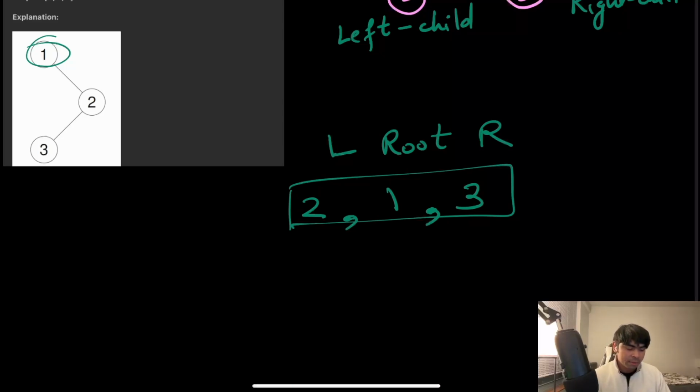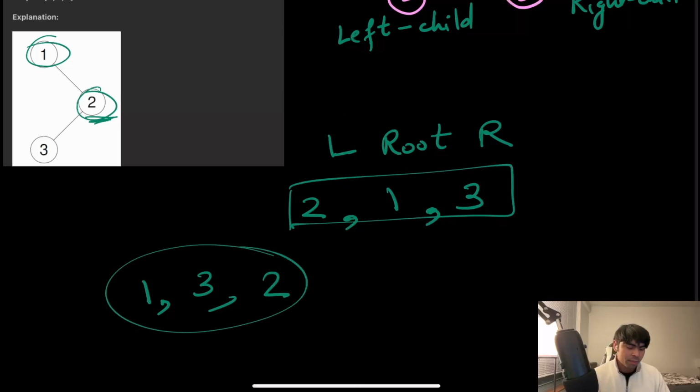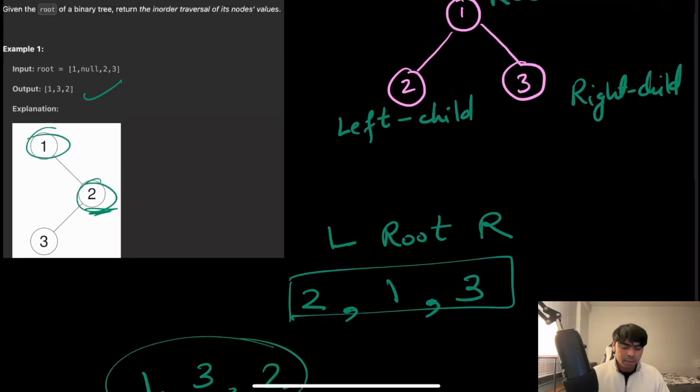It's not present, it's going to process my root, then it's going to call on the right child, but this is a node which has left and right children, so it has to process itself first. In order to process itself, it will call on left, then itself, and then right. So it will call on left, it will print 3, then process itself, 2, right is not present. So that should be our answer, which is the answer here.